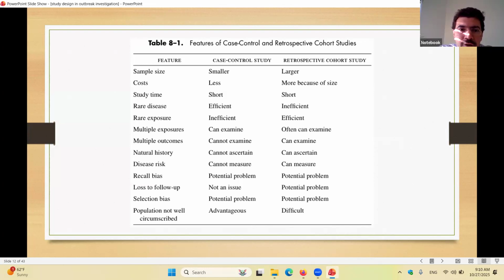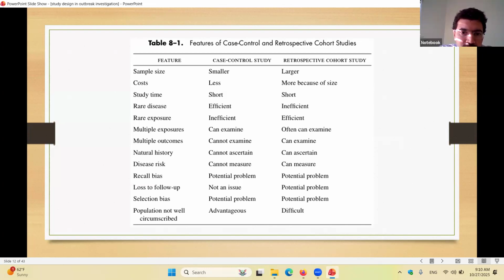And therefore, for rare disease or rare outcome, cohort studies are inefficient, while case control studies are efficient because we can select cases even if they are rare, and we compare them with controls.